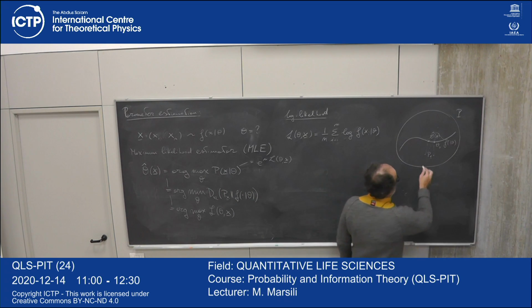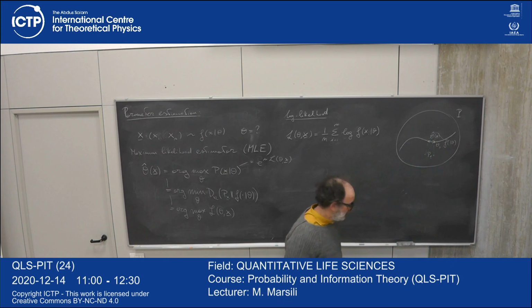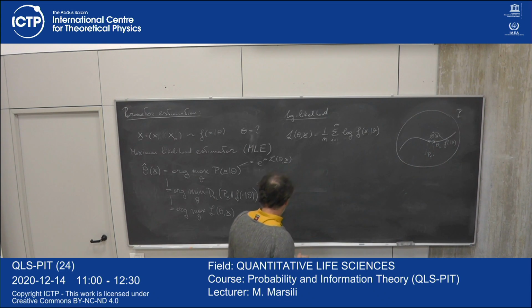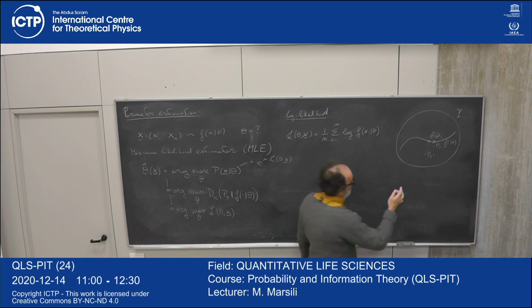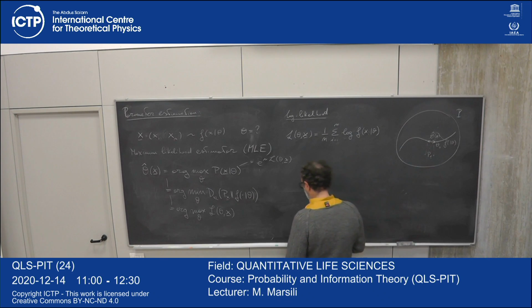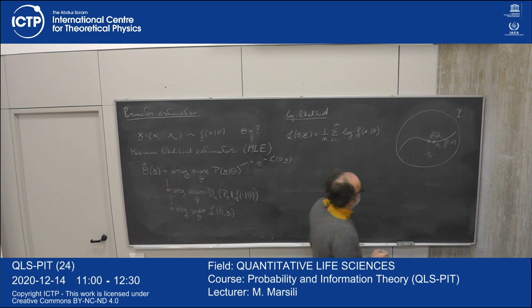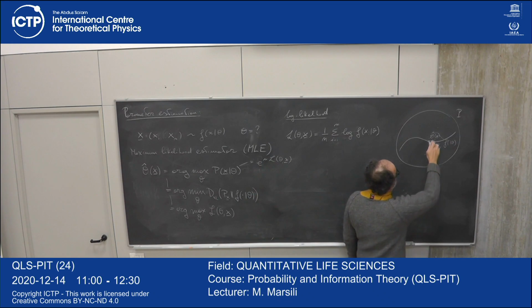What I would really like to understand is how far the maximum likelihood estimator is from the true distribution. But this I cannot do, because I don't know what the true distribution is. What I can do is to understand the probability distribution of theta hat of x.